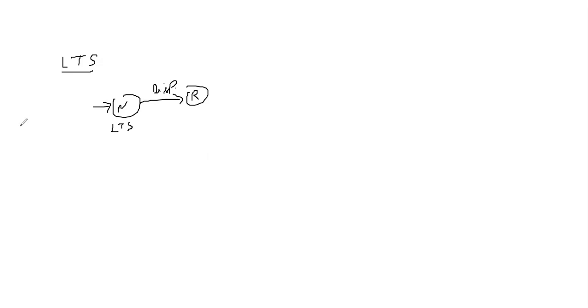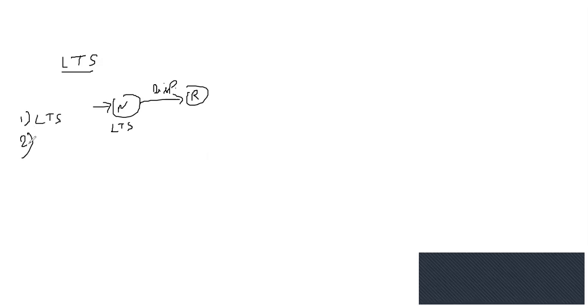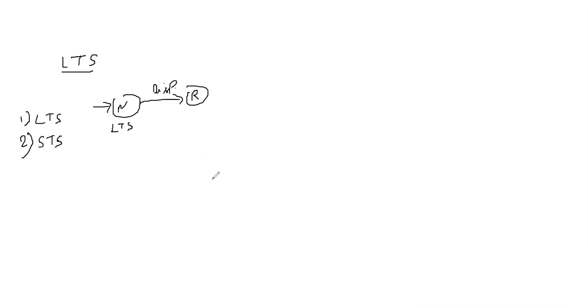The first one was LTS, and the second one is the short term scheduler. So, where does the short term scheduler work? Now, as you can see, suppose you had 10 processes, out of which you have selected 5 processes and sent them to the ready state.